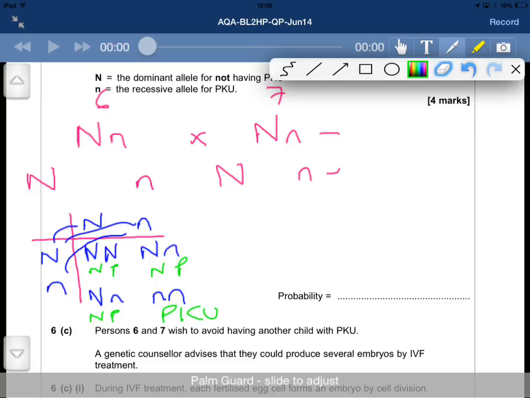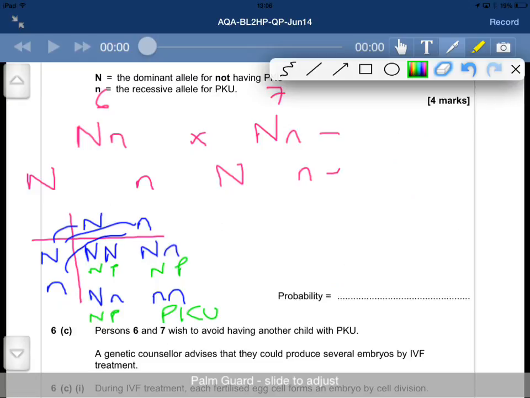And 1 has PKU, which is that one. So 1 out of 4 has PKU. So the probability is a quarter, which equals 25%. The chances of them not having PKU would be 75%, 3 out of 4. And so that is the answer.